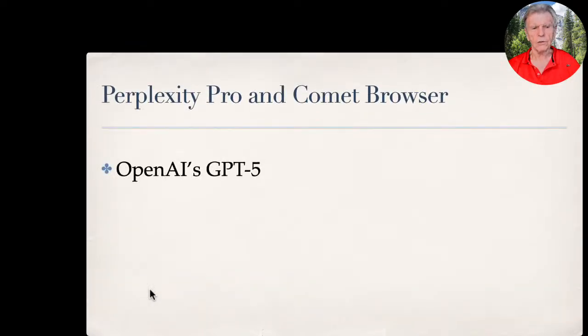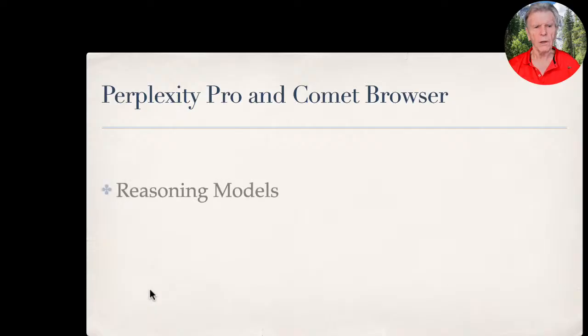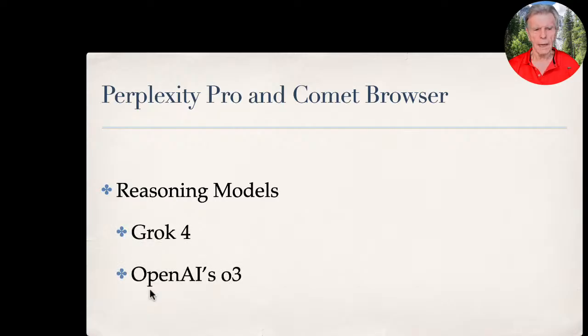So it uses OpenAI's GPT-5, Claude 4.0 Sonnet, Sonar Large, which is Perplexity's own LLM, Gemini 2.5 Pro from Google, and then they have reasoning models, which means it does a little deeper research, and that has Grok 4 and OpenAI's o3, I should say.